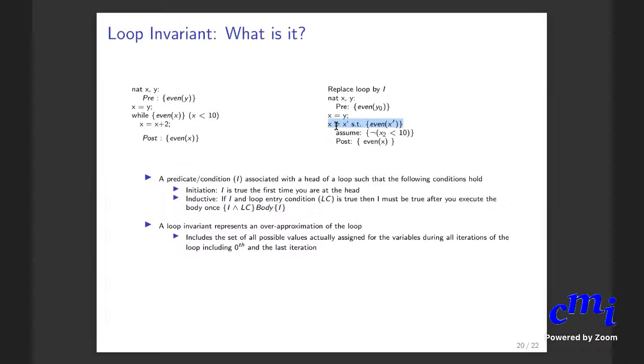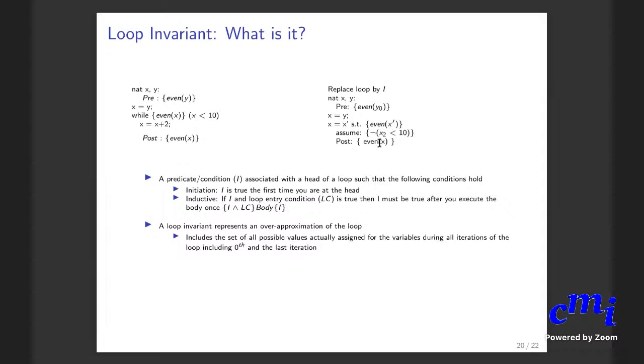Just like I made x and y equal to star, where I assign it arbitrarily, here I'm making a constrained arbitrary assignment. I'm saying x can take any value x prime such that x prime satisfies even. And then if I exit the loop, assume x, then it'll be even.